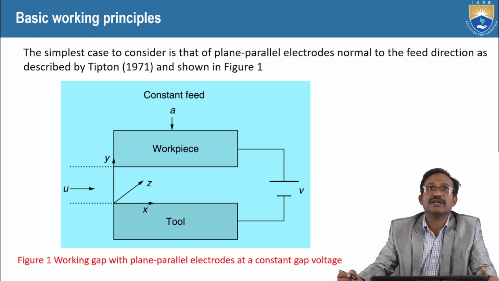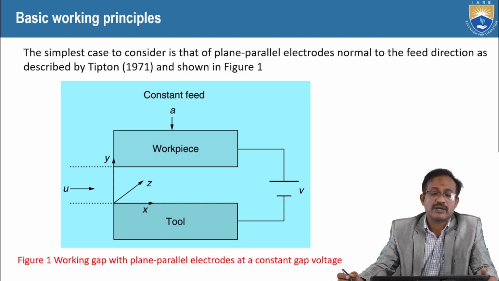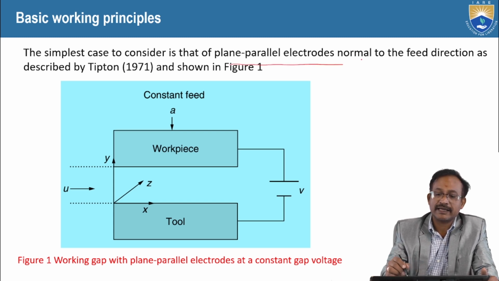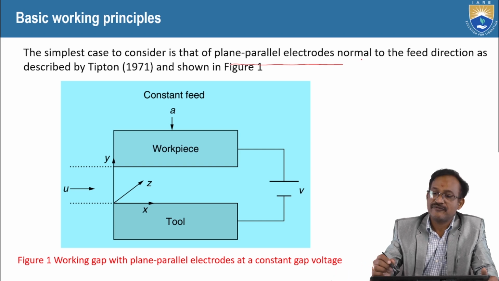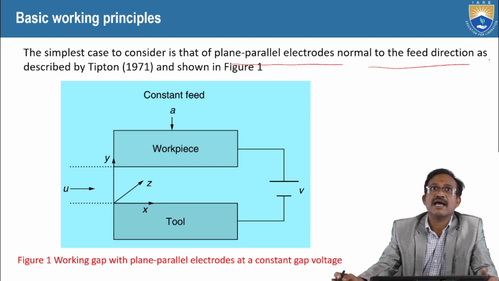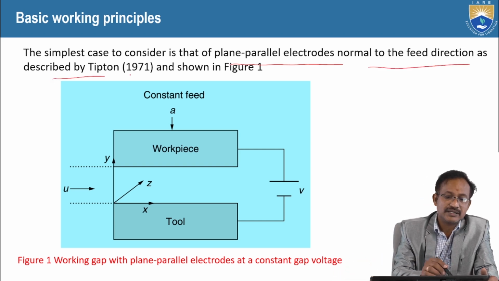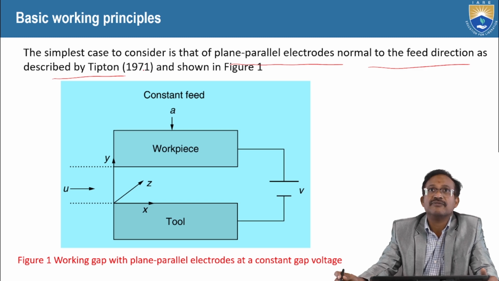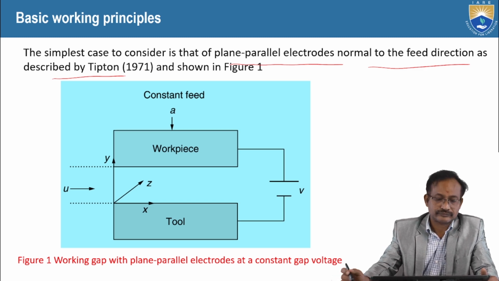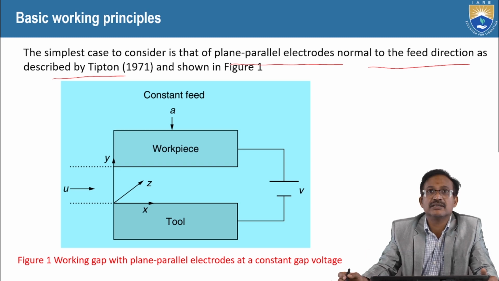Basic working principles. The simplest case to consider is that of plain parallel electrodes normal to the feed direction, as described by Tipton in 1971, as shown in figure 1. Working gap with plain parallel electrodes at a constant gap voltage.